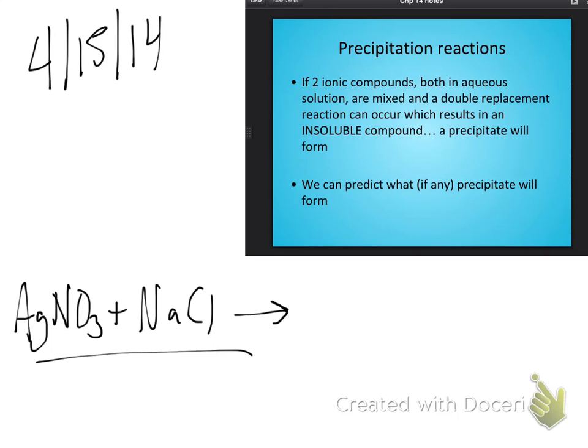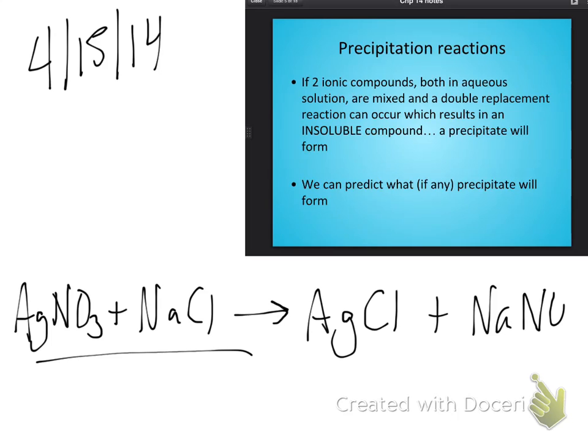Okay, silver chloride. And give me the other product. Sodium nitrate. Okay, silver chloride and sodium nitrate. Good, and that's a correct prediction of products.